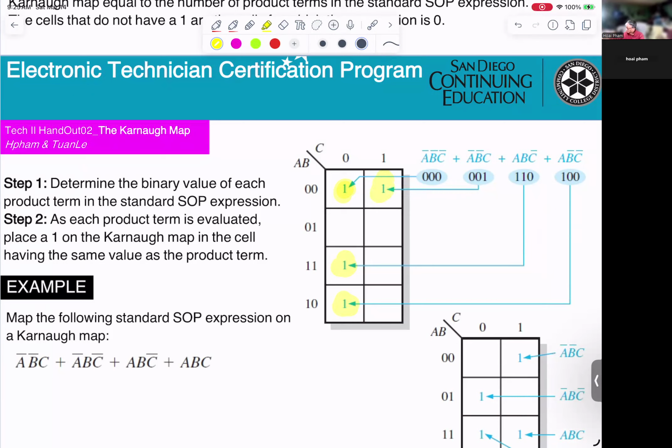So we try to get the product out of that one. On this one, you get A not, B not, C. The next one, A not, B not, C not.